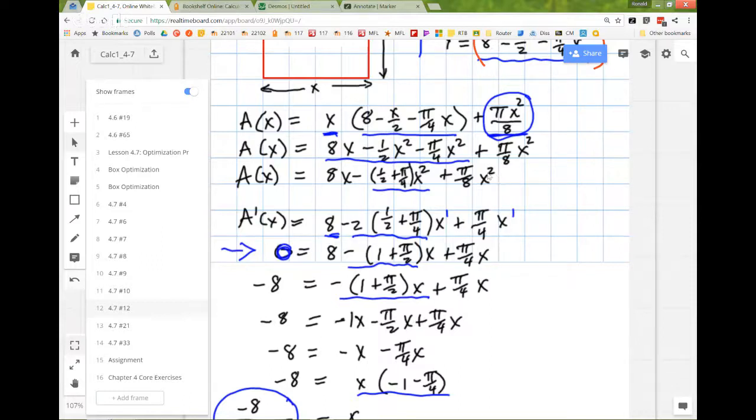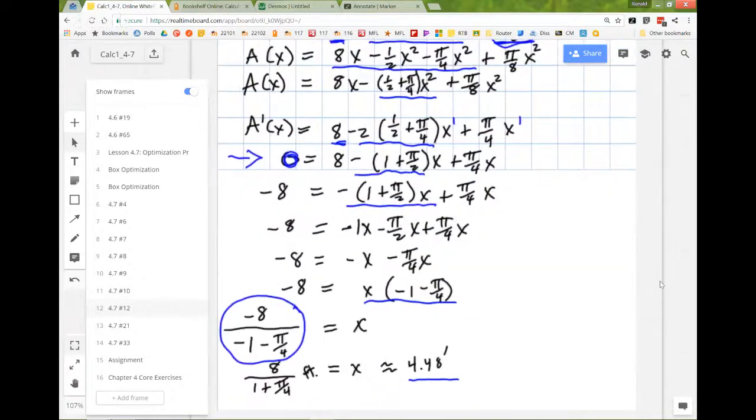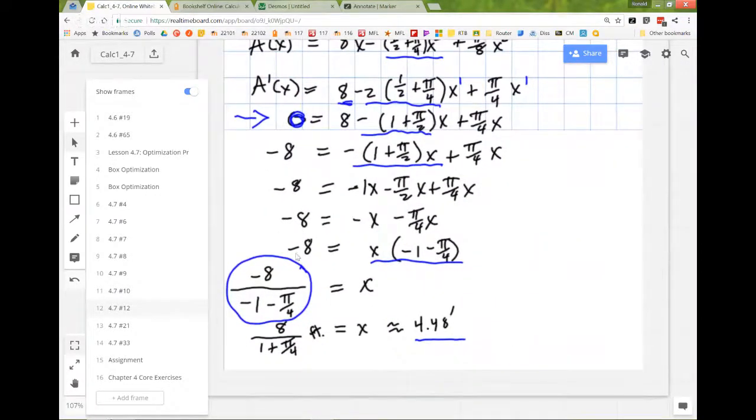Power rule, 2 times pi over 8 is pi over 4, reduce the power by 1. Set derivative equal to 0. So anyway, after you do all of that, you wind up with this for x.